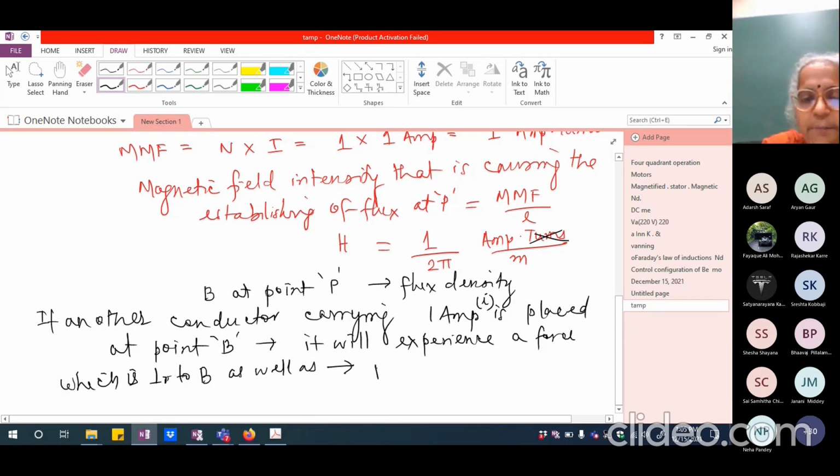So the force will be given by B multiplied by I multiplied by L, where L is the length of the conductor. Let me write this L differently because this is not the same as the field line. So let me write this as BIL, where L is the length of the second conductor.